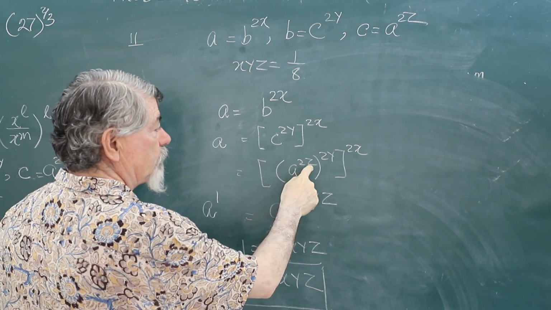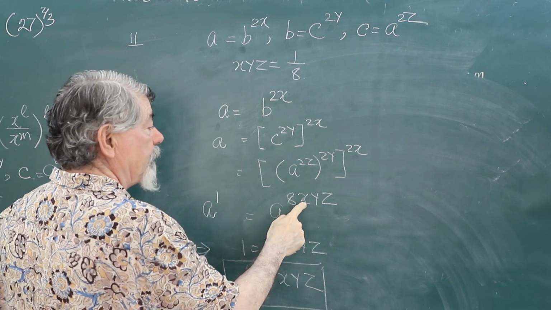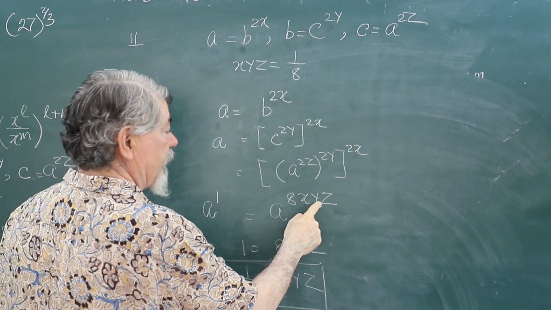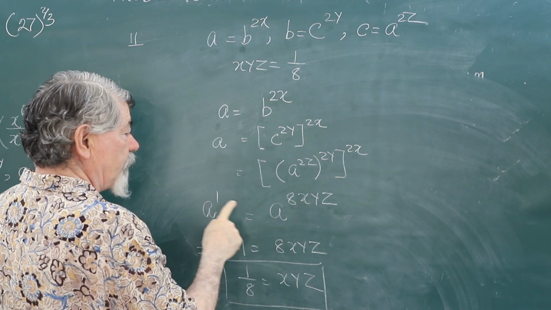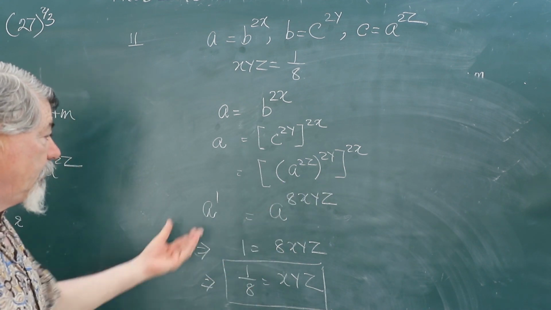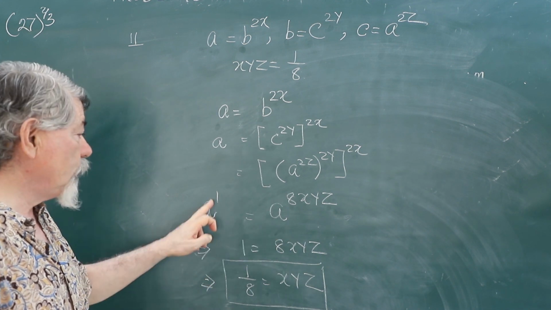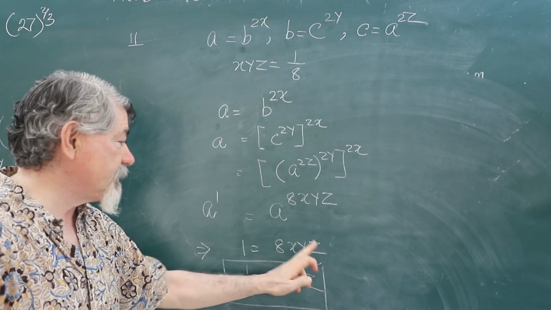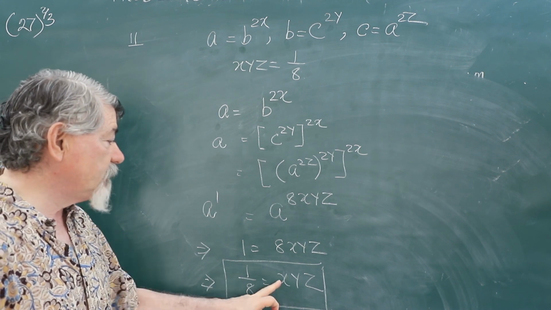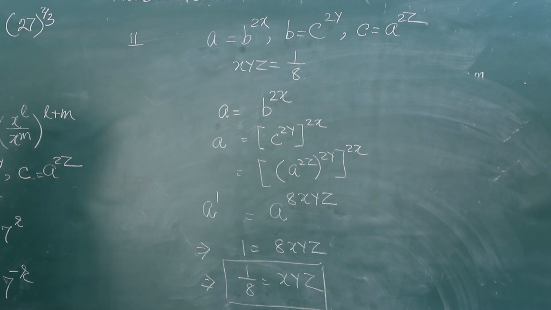The powers 2z, 2y, 2x get multiplied. We get 8xyz. a to the power 1 is equal to a to the power 8xyz. Both side bases are same, powers can be equated. So 1 is equal to 8xyz, or 1 upon 8 will be xyz. That is what you have to prove.